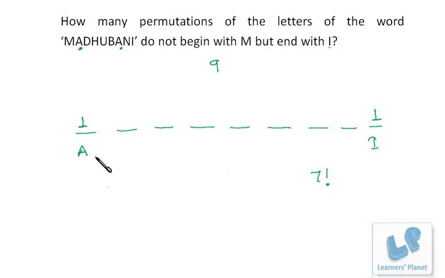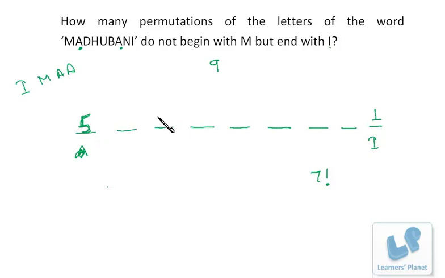Now the second case is if the first position is not occupied by A, right? See, one I has gone, I cannot be there, M cannot be there, the 2 A's are not there, so we are left with 5 choices, right?